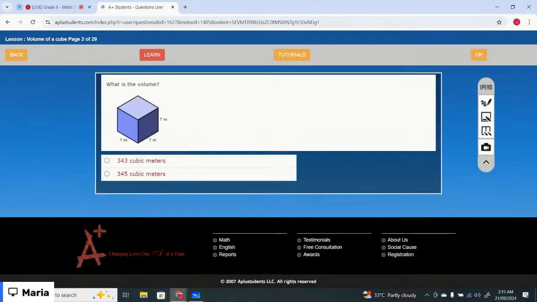The next one is what is the volume? So which is the correct option? You have to use the same formula, that is V equals side times side times side. You have to do 7 times 7 times 7.